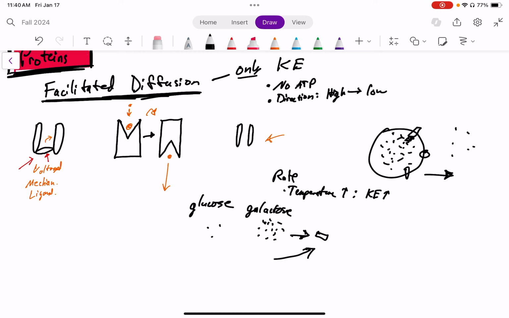So there is an effect of competition. If there is a particle that's very similar to the target particle, there will be competition and a decreased rate for glucose. But typically, most transport proteins are pretty specific, and they don't accept other things.